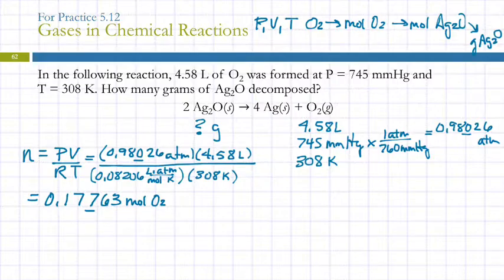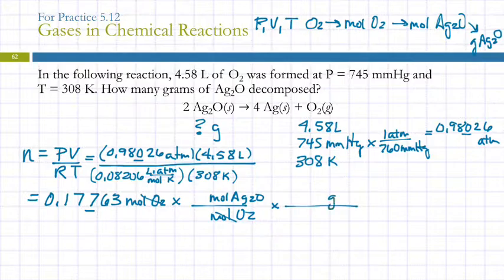Now we're going to use dimensional analysis. I'm going to convert from moles of oxygen to moles of silver oxide, dividing by moles of oxygen so those units cancel out. And then I need another term where I've got grams of silver oxide over moles, so I can get rid of moles of silver oxide.